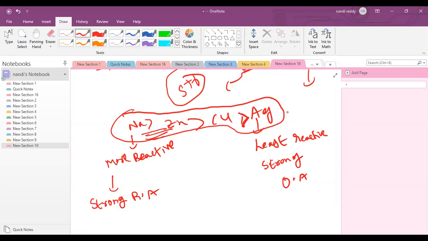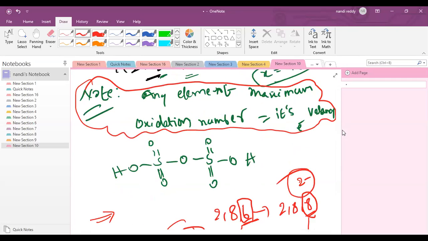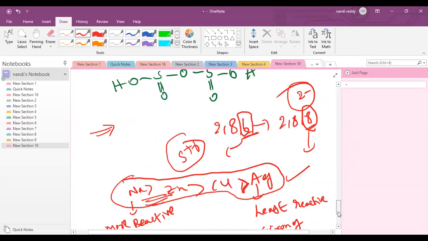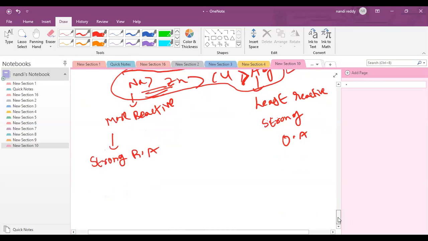So this is the reactivity series. I think you understood: the more reactive element can act as a strong reducing agent, and the less reactive element can act as a strong oxidizing agent. Now you can check it. I am showing this PDF. This is important even for KVPY, sir.